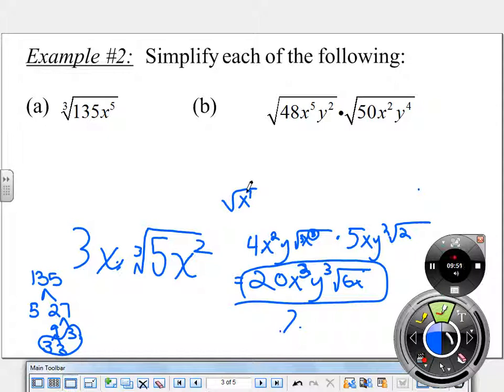But does y in the answer guarantee that it's positive? No. So some people like to say that you have to use absolute value bars when, in the problem, the variable was given underneath the radical with an even power, but once you simplified, it showed up outside as an odd power. Okay? Yes?